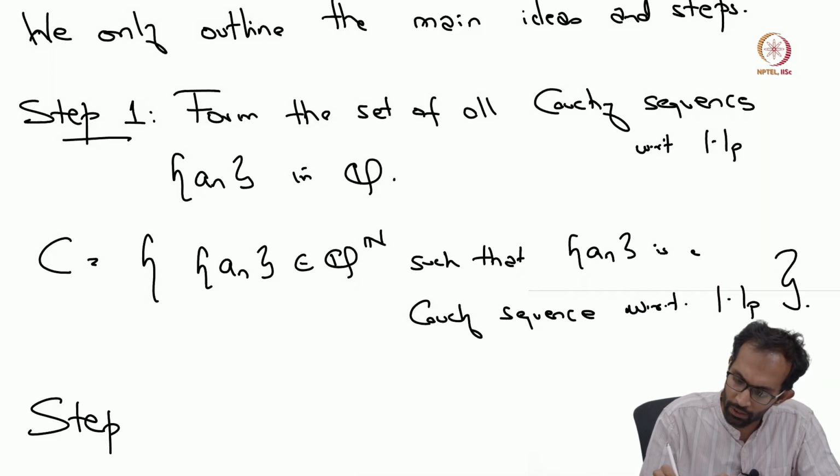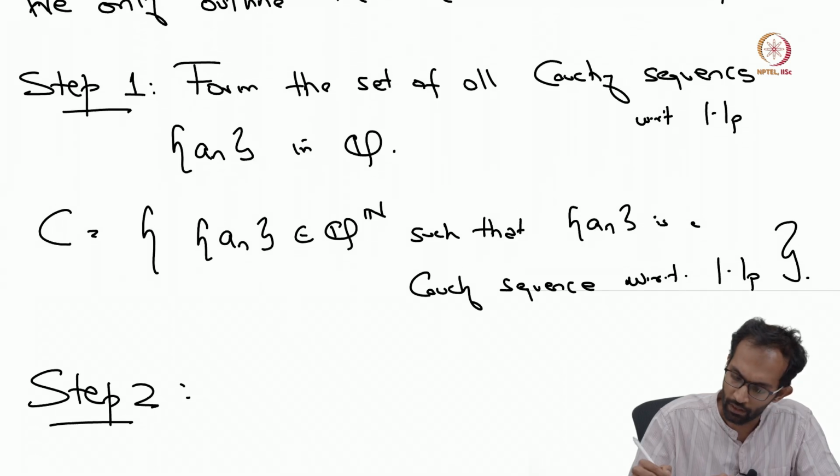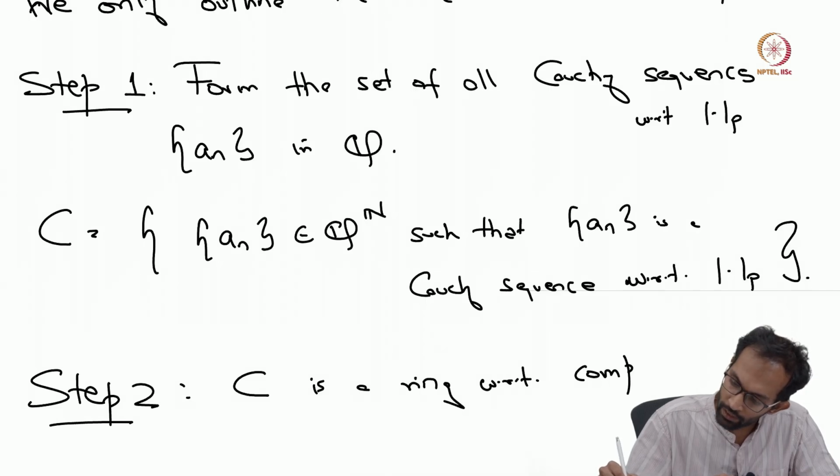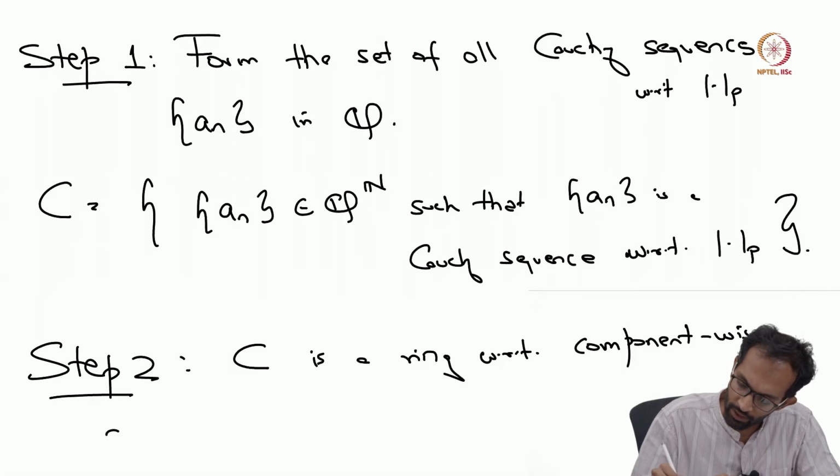Step 2 is to show that this set is in fact a ring with respect to component-wise addition and multiplication.